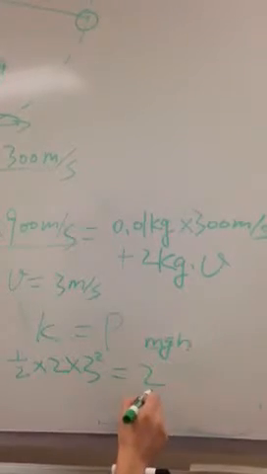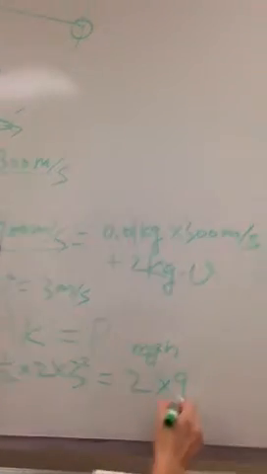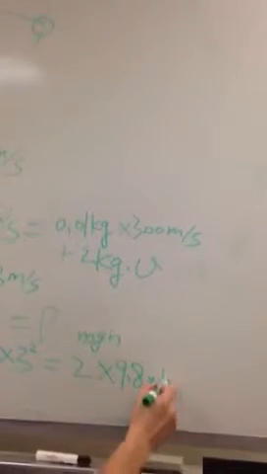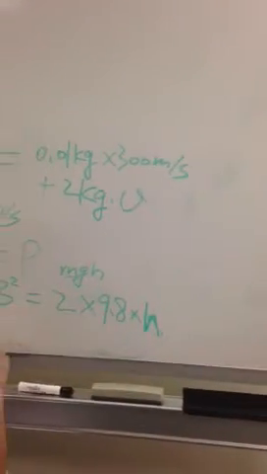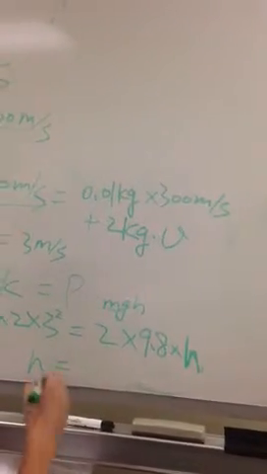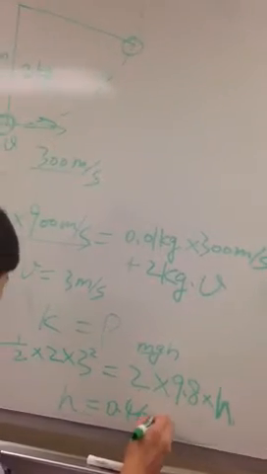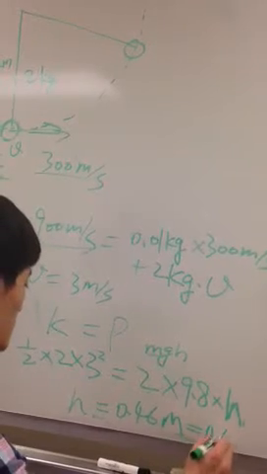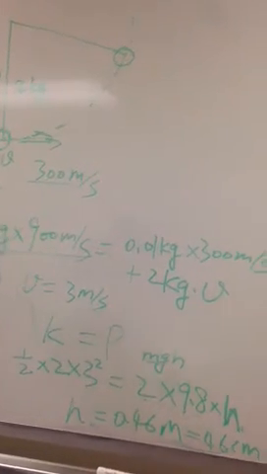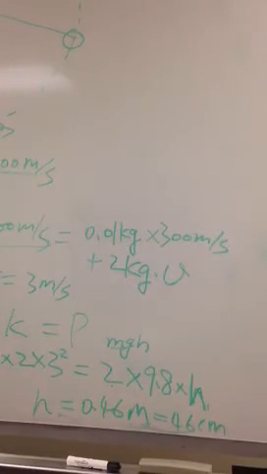M is 2 kilogram, 9.8 times h. So if you calculate, h is 0.46 meter, which is 46 centimeters. This one is C.